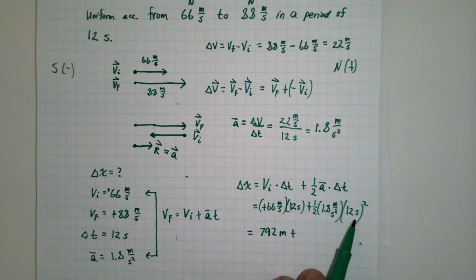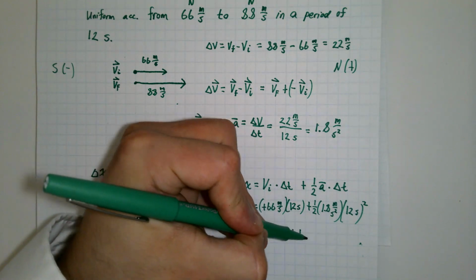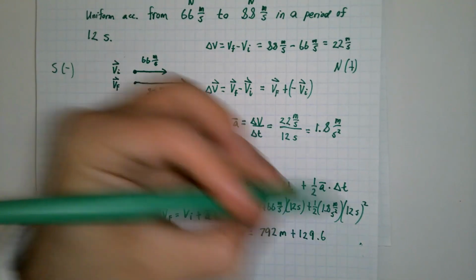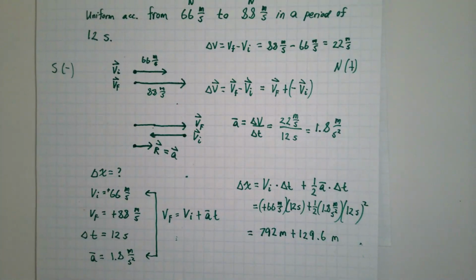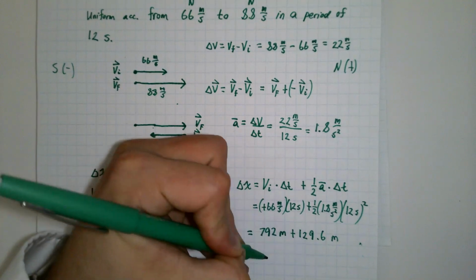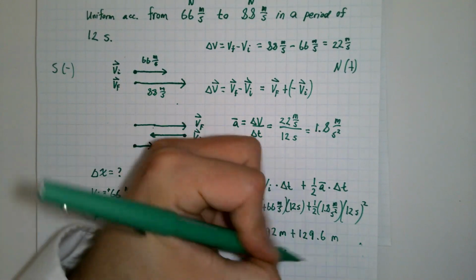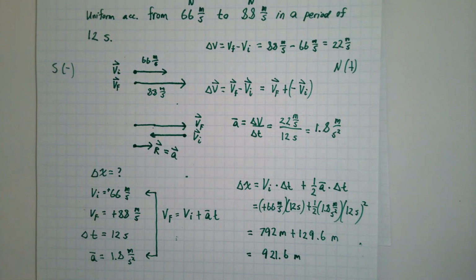I know 12 squared is 144, times 1.8 times 1/2. This whole quantity is 129.6 meters. I'll add this to my 792, and I get 921.6 meters. That's the total displacement.